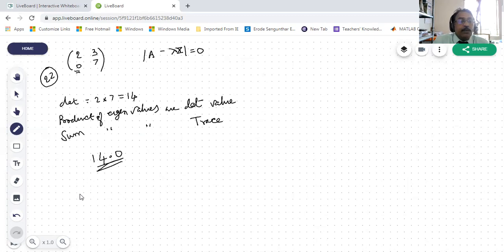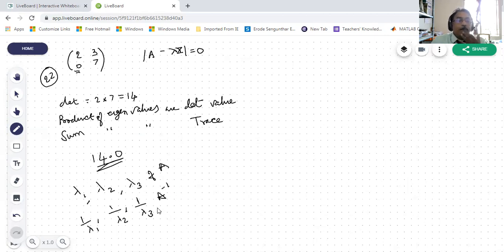If lambda 1, lambda 2, lambda 3 are eigenvalues of A, then 1 by lambda 1, 1 by lambda 2, 1 by lambda 3 will be eigenvalues of A inverse.